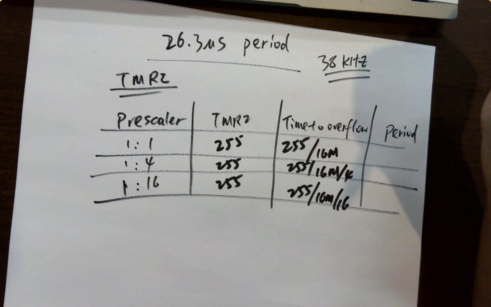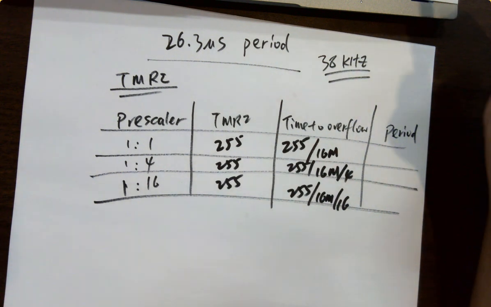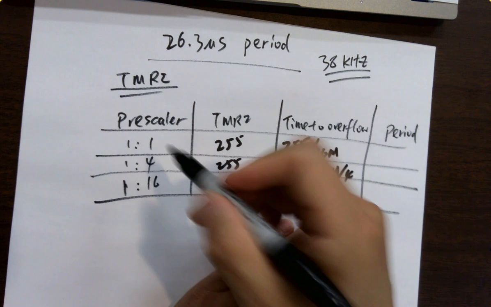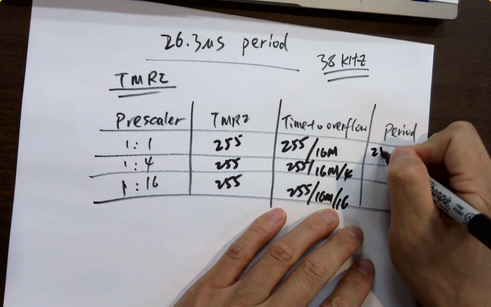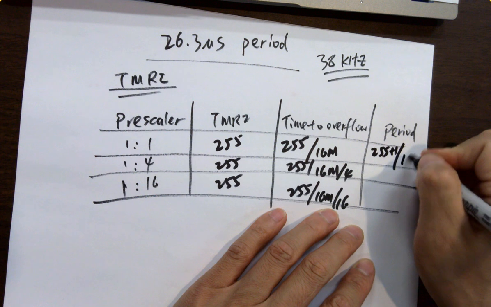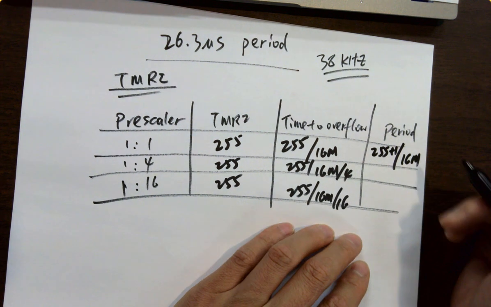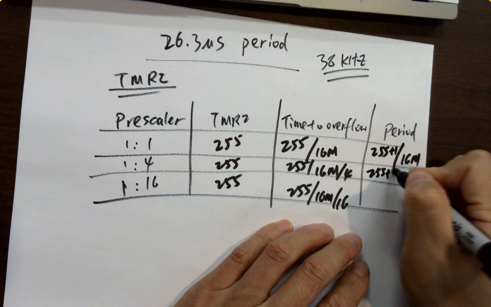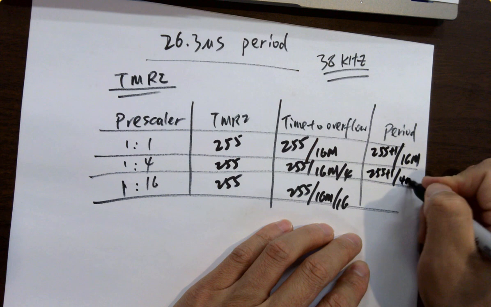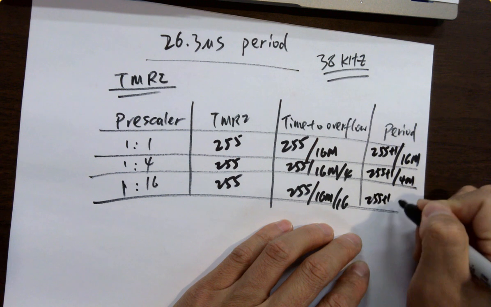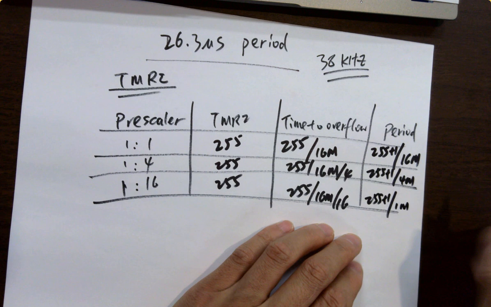We just need to know that the period for this prescaler is 255 plus 1 over 16 mega, this is 255 plus 1 over 4 mega, and this is 255 plus 1 over 1 mega.